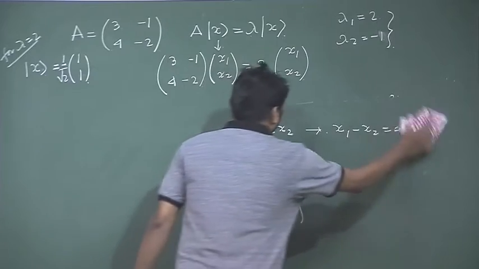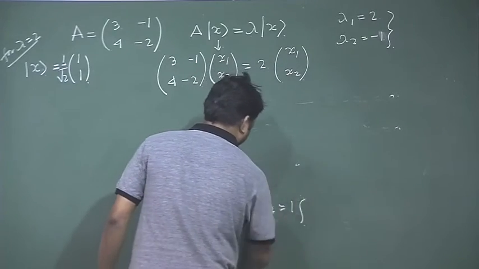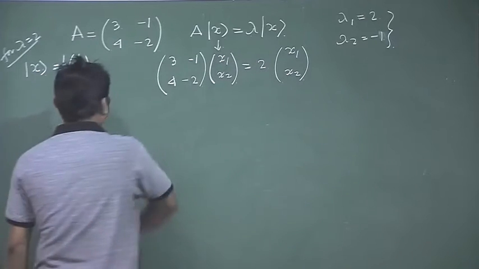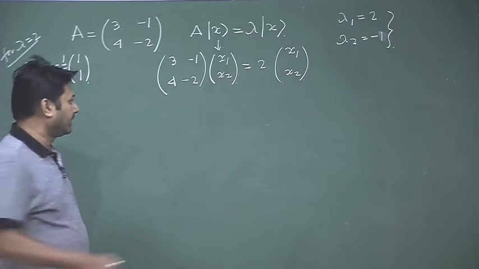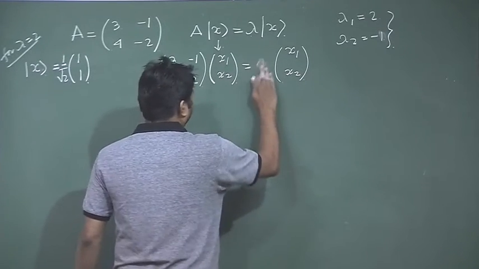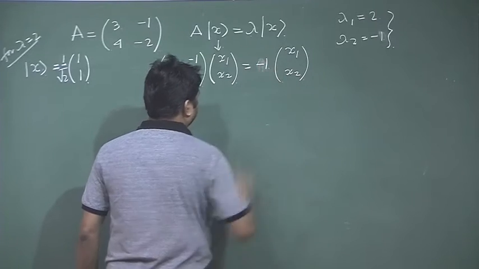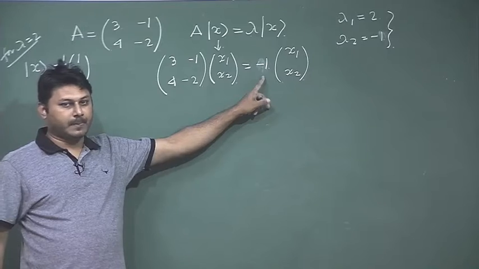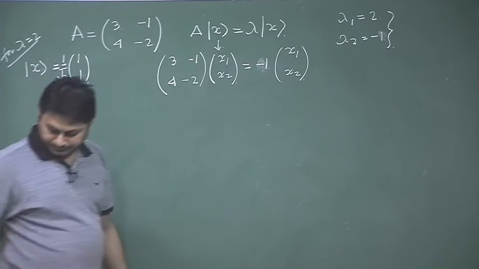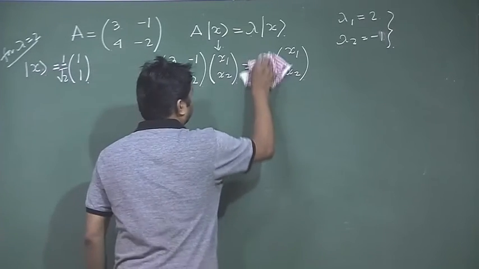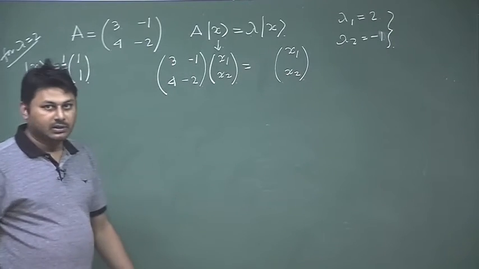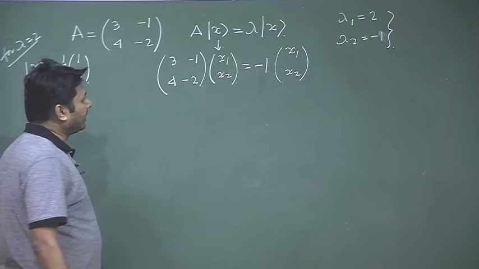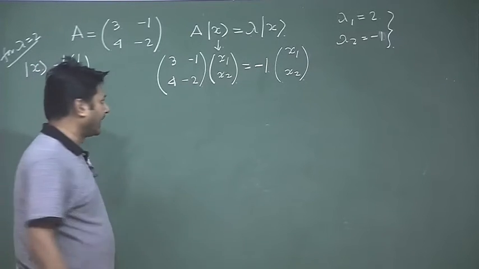Okay. Now, I will do the same thing for the other lambda, which is minus 1. The equation will be the same, except lambda should be replaced by minus 1. So, let me clearly write it. Again I will have two equations for that.